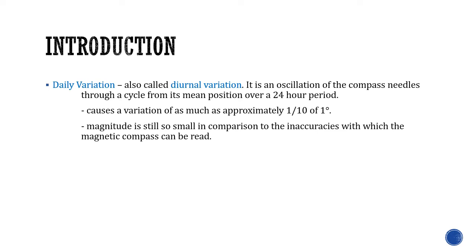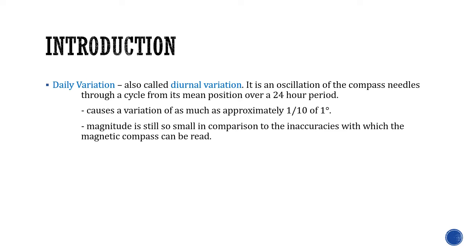Okay, sobrang liit lang nito. So this is 1/10 of a degree. Okay, commonly, yun lang, no? Kung sa Tagalog ba, yung umaga at saka gabi, kahit parehas mo siyang ginawa, perfect. Okay, meron kang mapapansin na difference.